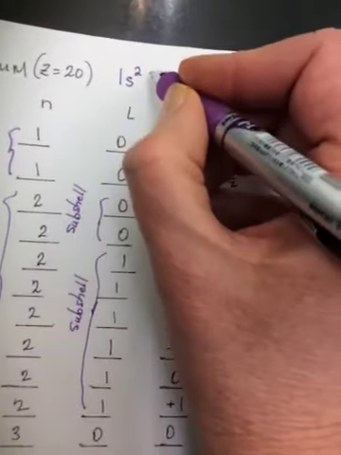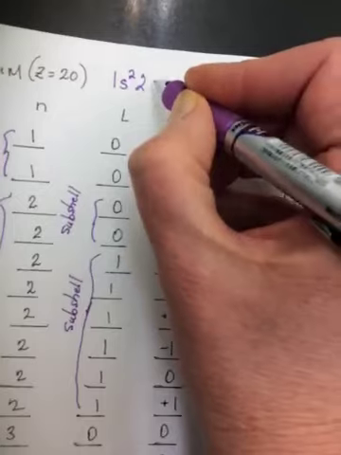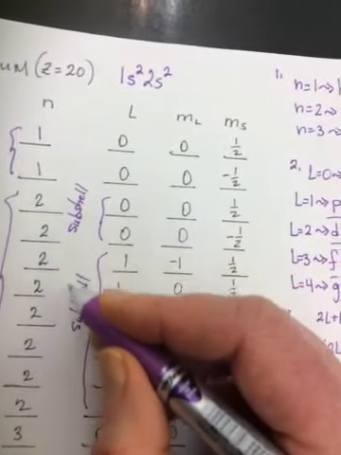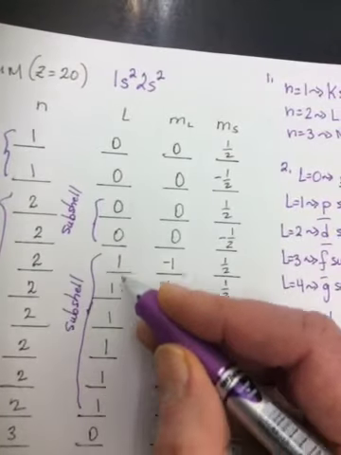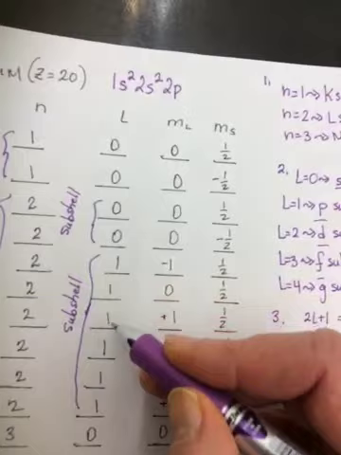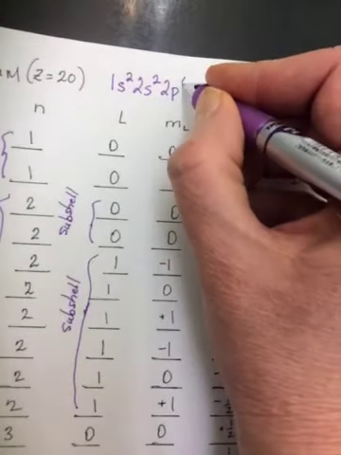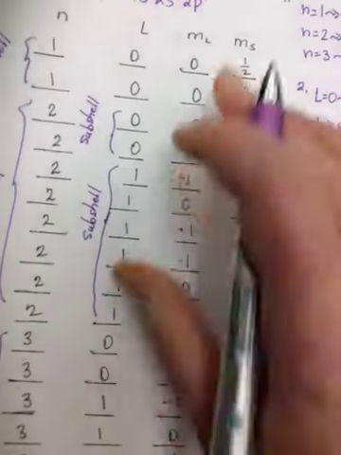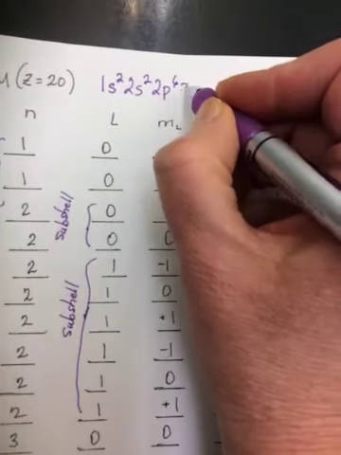And then we go to n equals 2, and the first one is s, and there's 2 of them, so 2s². Then still in n equals 2, we're now in l equals 1, which is p, so 2p, 1, 2, 3, 4, 5, 6. Next up, 3s, and there's 2 of them.